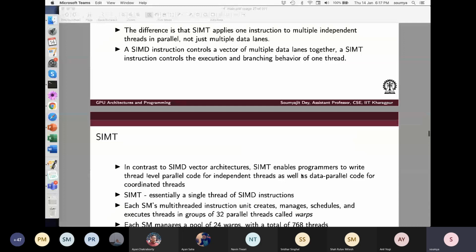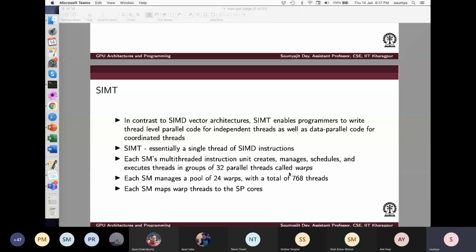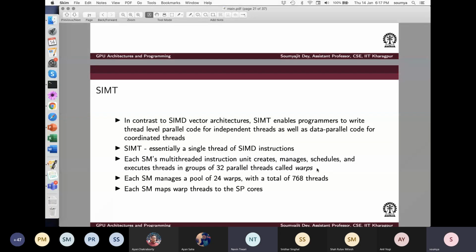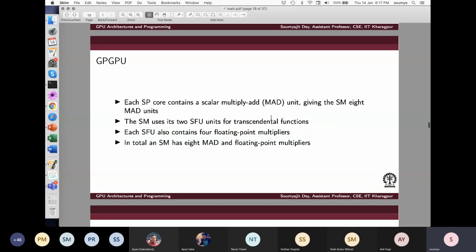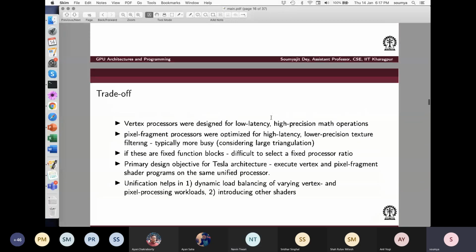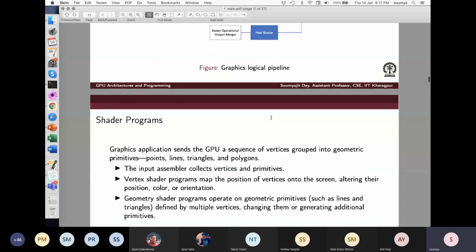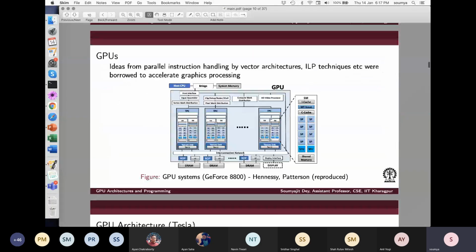So to understand that, do you all understand what is a warp, like we have defined here? Yes, 32 threads. Okay. So everybody understands what is a streaming multiprocessor, what is a scalar processor, what are special function units, and all those things, right? So that's the typical GPU picture that we had here, right? So in a GPU, there are a lot of processors sitting together.